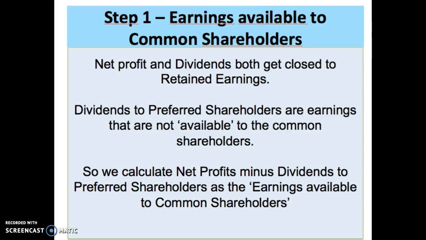To summarize, net profit and dividends both get closed to retained earnings. Dividends to preferred shareholders are earnings that are not available to the common shareholders. So we usually calculate net profits minus dividends to preferred shareholders as the earnings available to common shareholders.